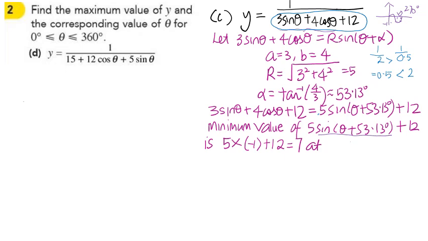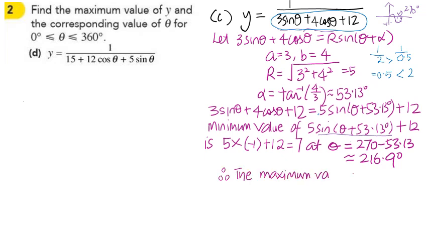So therefore, theta plus 53.13 degrees must be equal to 270. So that makes theta equal to 216.9 degrees. So therefore, the maximum value of y will be 1 over 7 at theta equals 216.9 degrees.